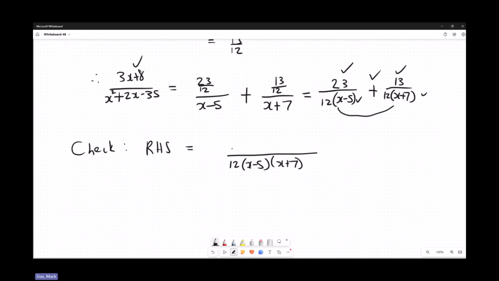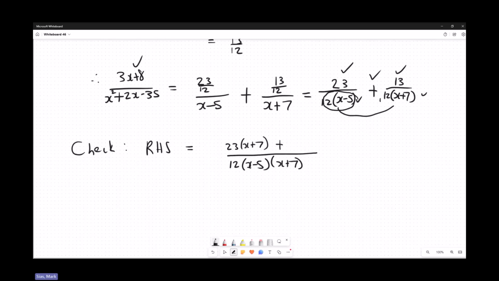Okay, so it's there. So now let's do this now. How many times does this divide into the denominator? Well, that will cancel that. I'm left with X plus 7. I've got 23 times X plus 7 plus.